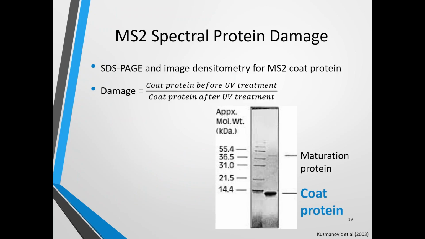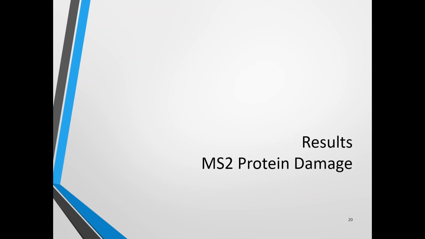After UV exposure, I quantified the MS2 coat protein that makes up the shell of MS2 using gel electrophoresis and image densitometry, and calculated the damage as a ratio of the amount of protein before versus after UV treatment.